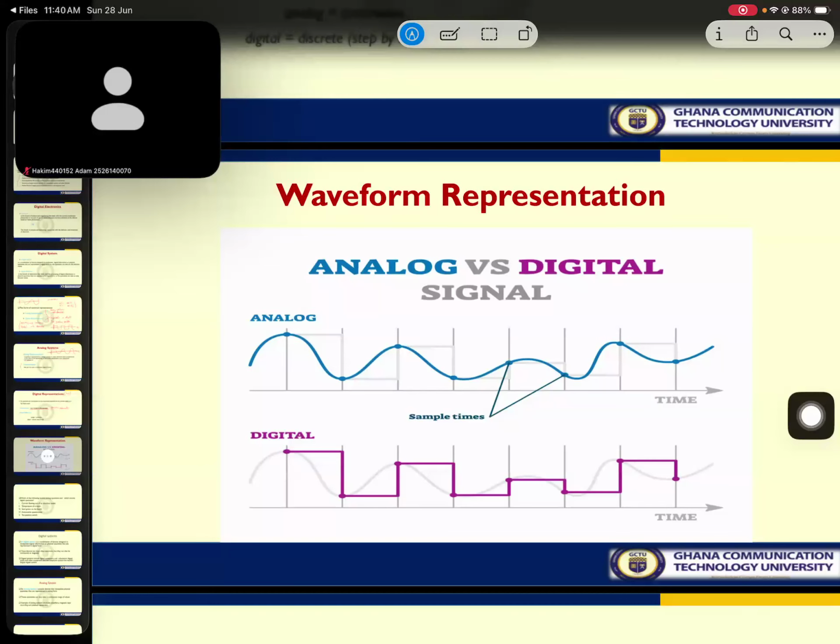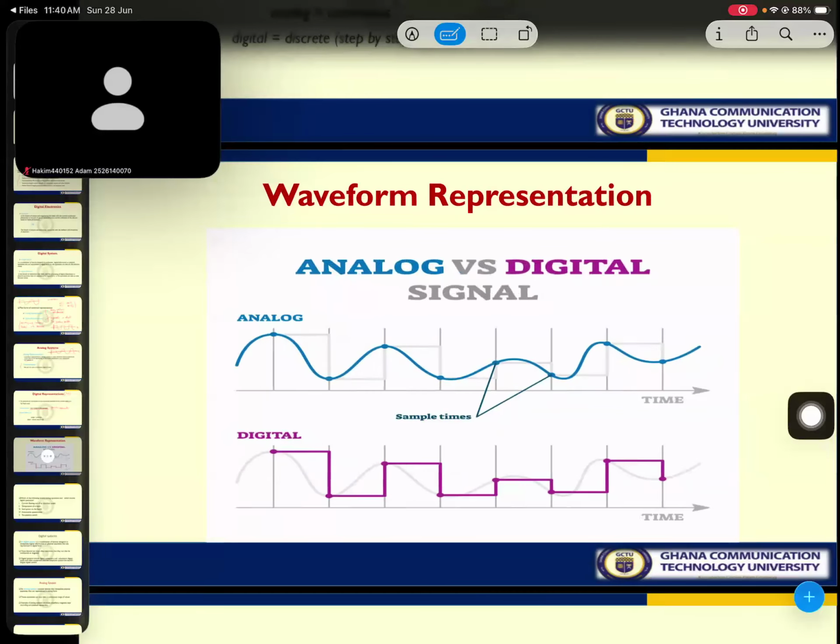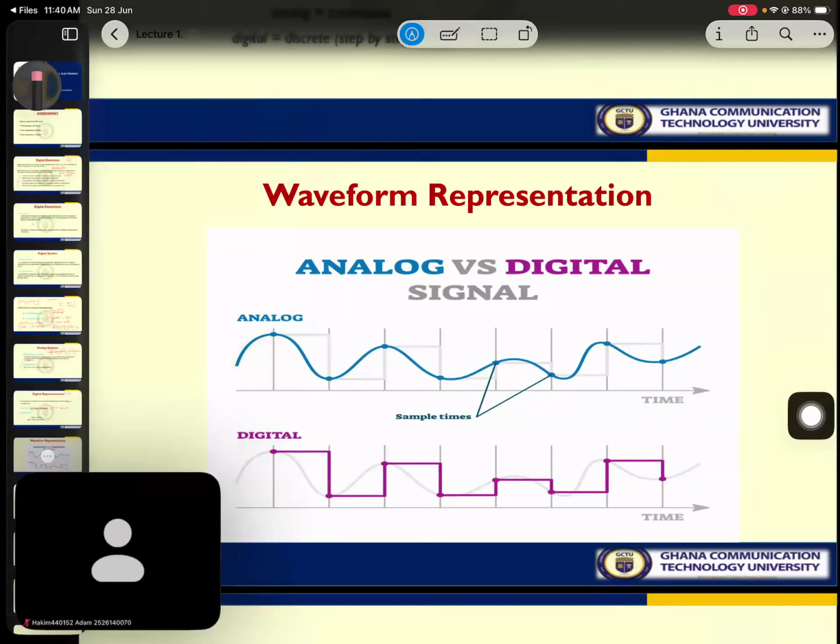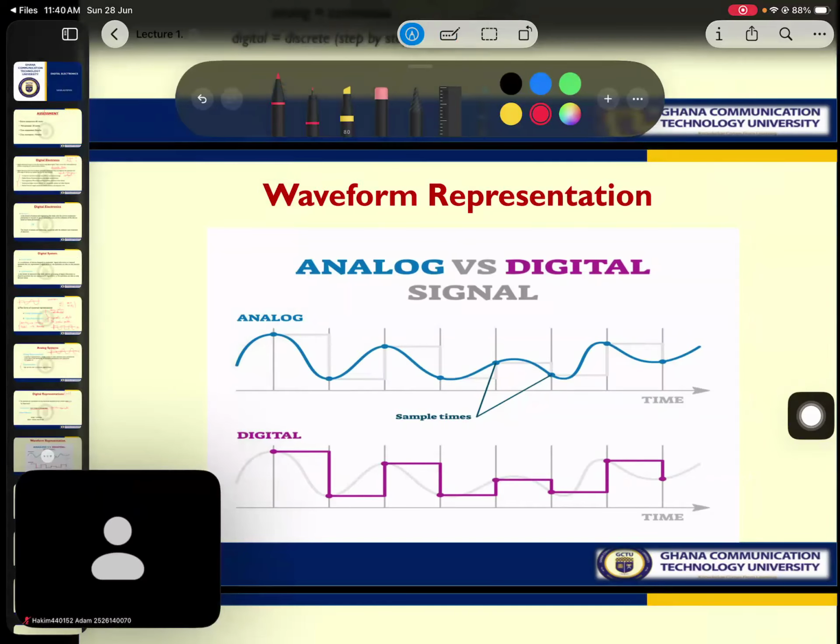We also have the sample time, the time at which you sample a particular value. This becomes an amplitude.